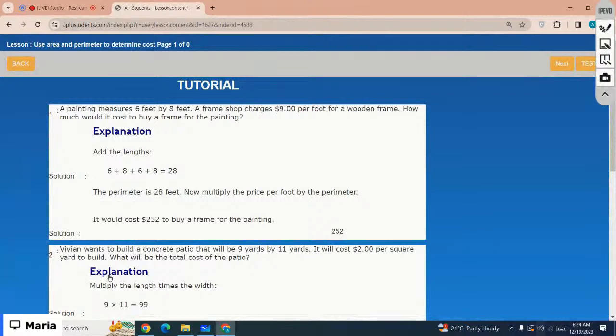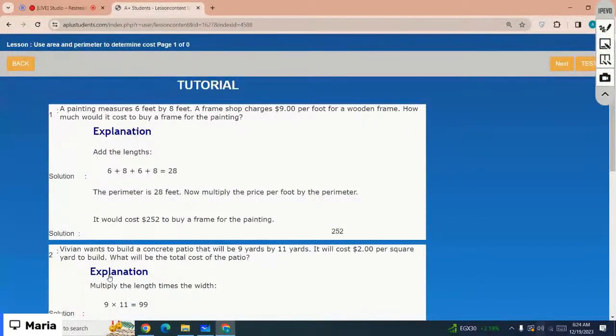For example, the first one is a painting measures 6 feet by 8 feet. You're given the dimensions of the painting, that is 6 by 8. A frame shop charges $9 per foot for a wooden frame. How much would it cost to buy a frame for the painting?